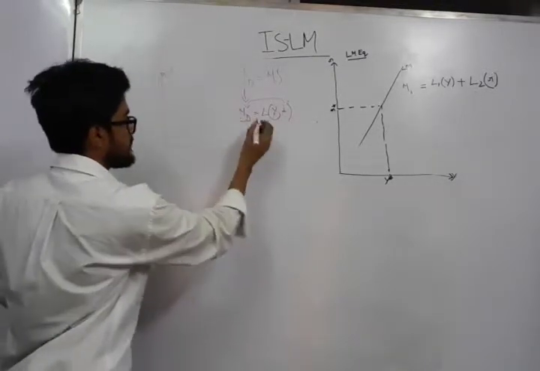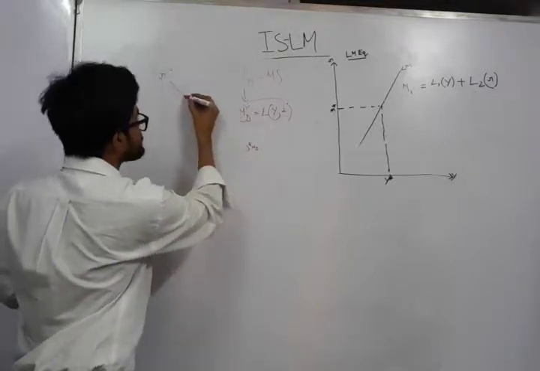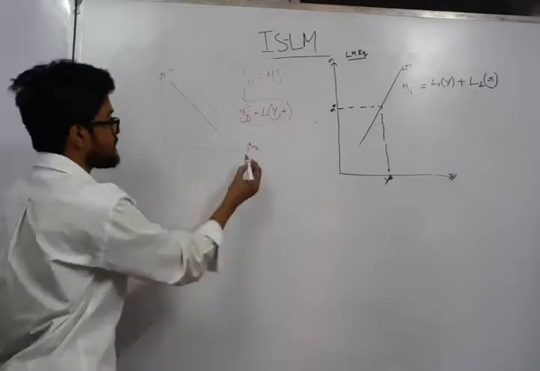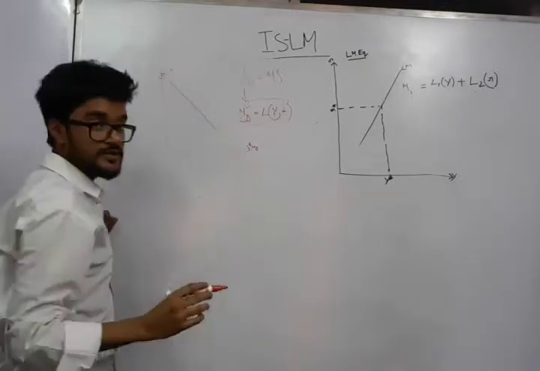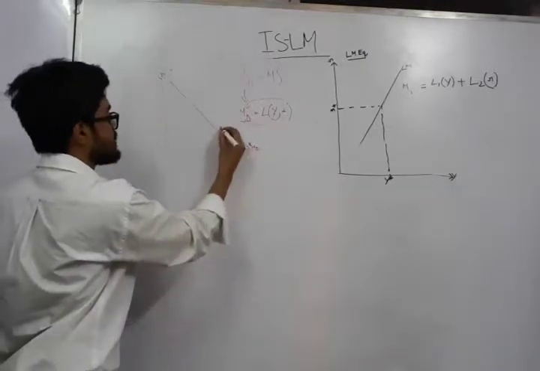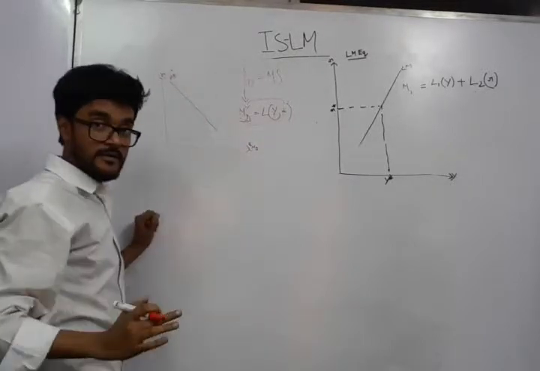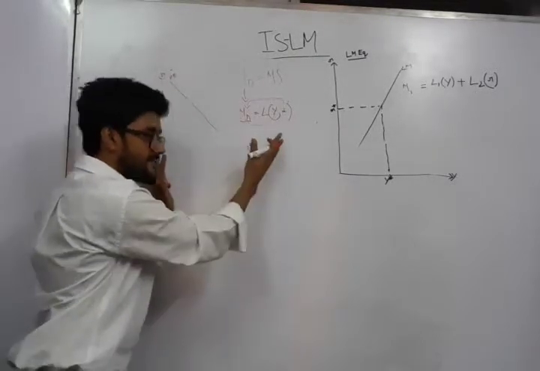Now we'll see the money demand curve is always negative, because we have already demonstrated that the relationship between money demand and interest rate is always negative. So we get a negatively sloped money demand curve. So we are done with the money demand part.